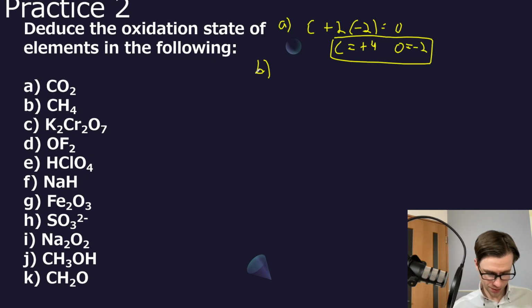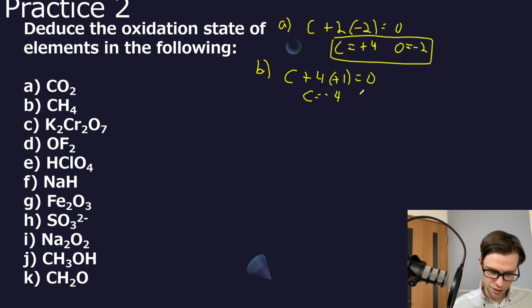So we can have C as our unknown, plus 4 times H. With a non-metal, H is going to go plus 1. Neutral compound, 0 charge. So we will have C plus 4 equals 0, C equals minus 4. And we did assume H goes plus 1. Done.